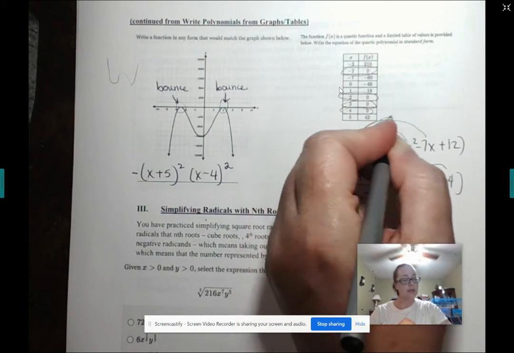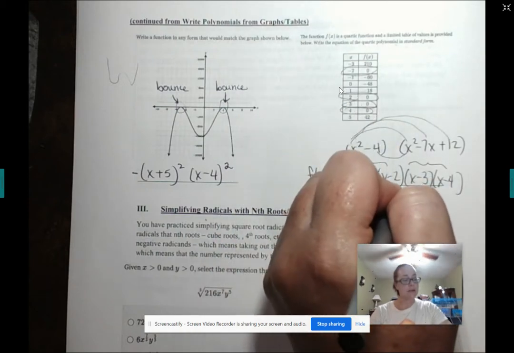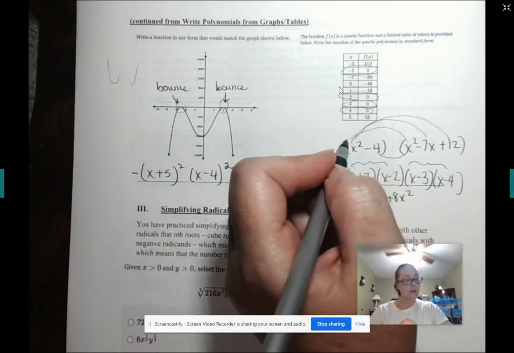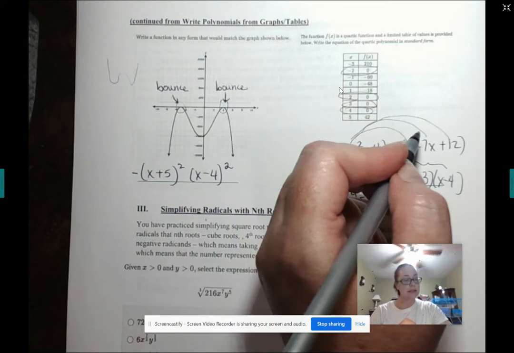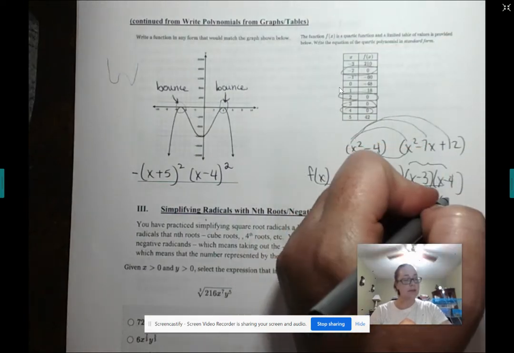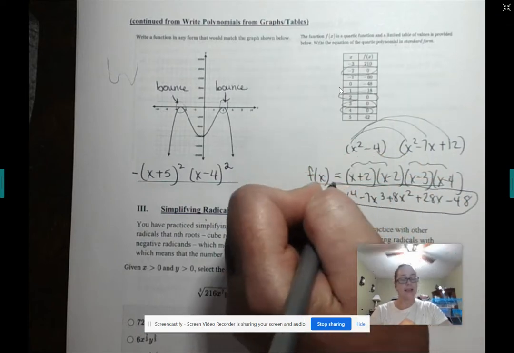I have an x squared times 12, so 12x squared and a -4x squared. Those will combine to be 8x squared. I have a -4 times -7x. I have a -4 times 12. And this would be my standard form answer.